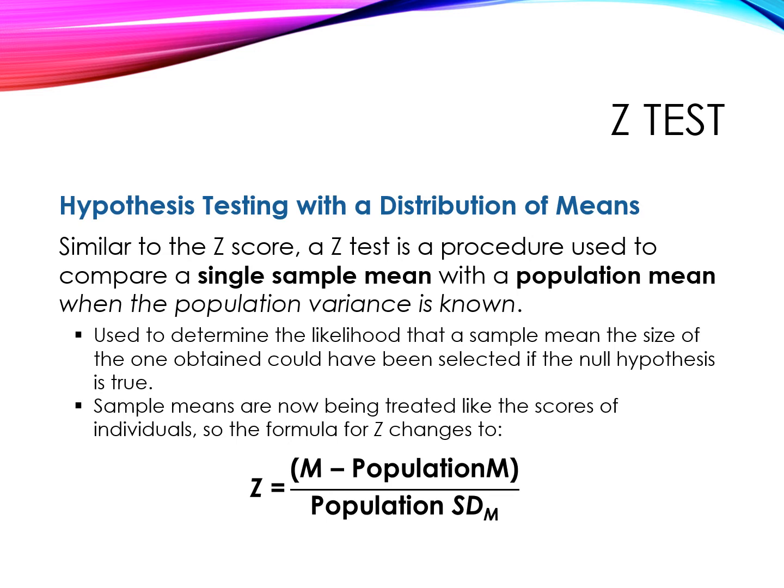You want to determine the likelihood that a sample mean, the size of the one you obtained, could be selected if the null hypothesis was true. So you want to see if your single sample mean z-score is more extreme than your cutoff score so that you can reject the null hypothesis.